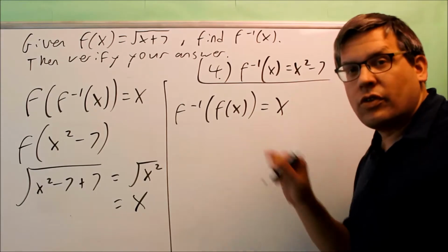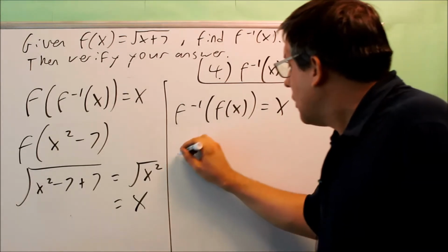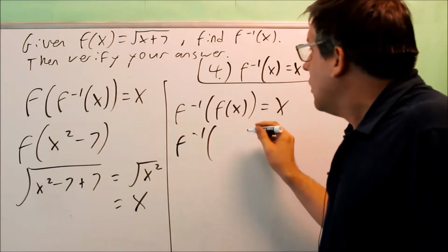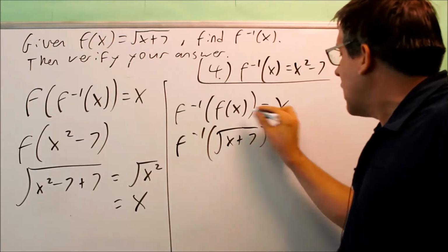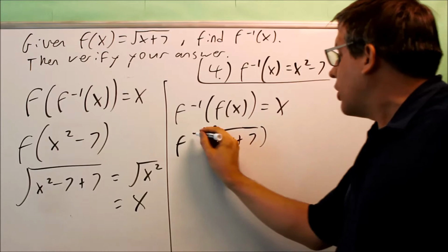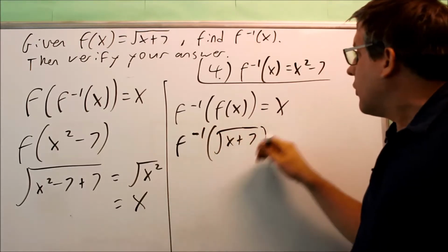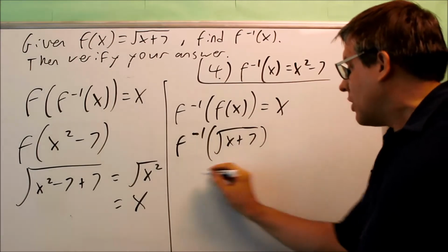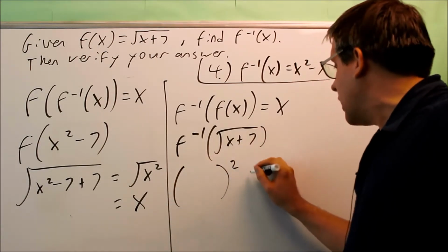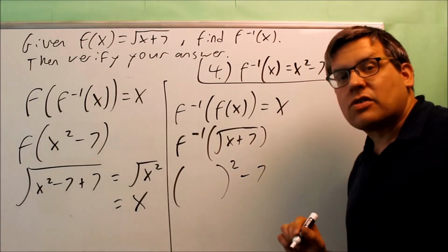Now I have to show this side is equal to x. For the inverse, I need to put the square root of x plus 7 inside, because that's my f of x. I'm putting that into my inverse, and here's the formula I'm using, x squared minus 7. The template says I have something squared and then minus 7.